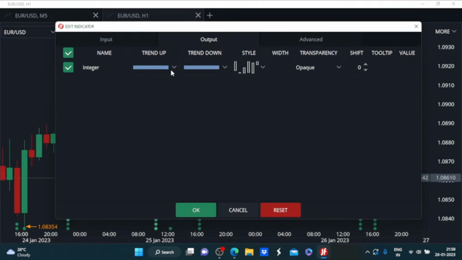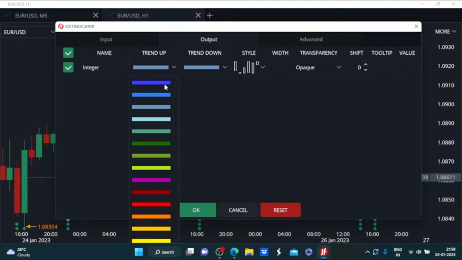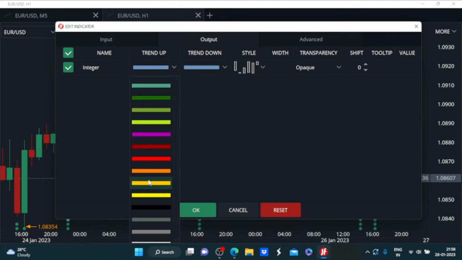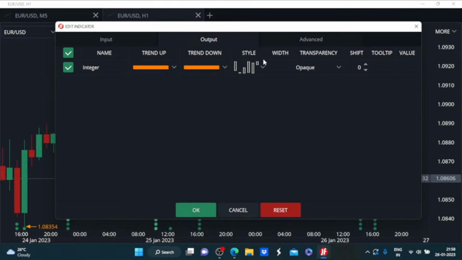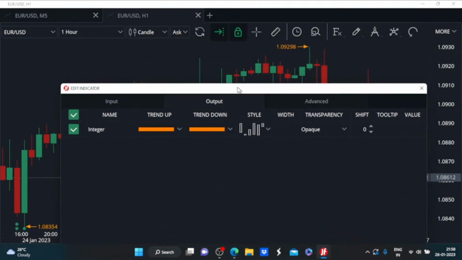And in terms of output, you can always go for the color combination of your choice. So that is something you can work with. Let's try it out, this orange color. Styling, two options are there. You can go for the bracketing of the given candle, or you can shade it in the color combination of your choice.